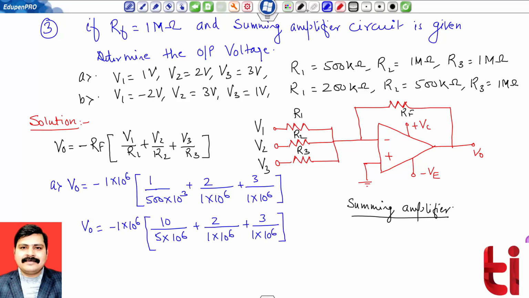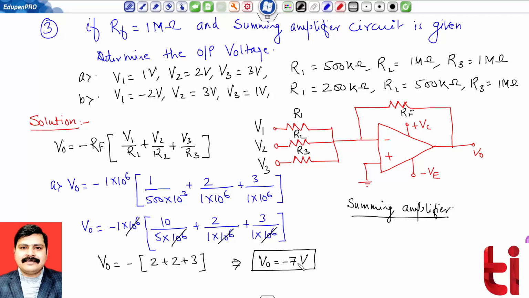Now I can check this particular term, 10 raised to power 6, will be cancelled out from numerator and denominator. And now we will have output V naught equals minus times of 10 divided by 5, so it is 2 plus 2 plus 3. So it is minus 7. That means for the first case, my result is V naught equals minus 7 volts.